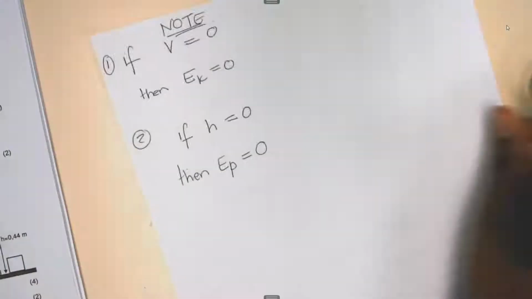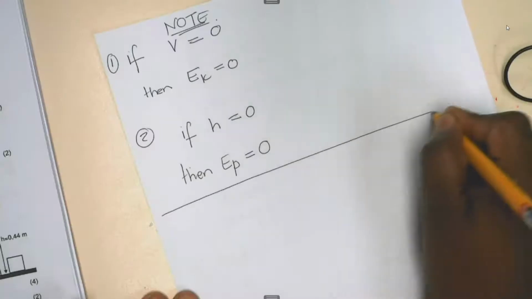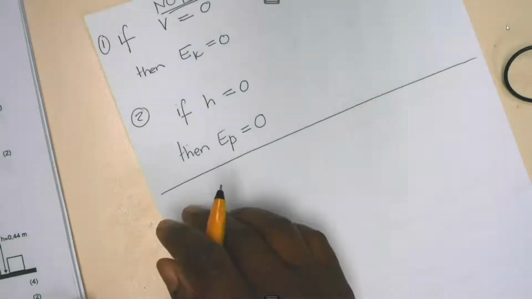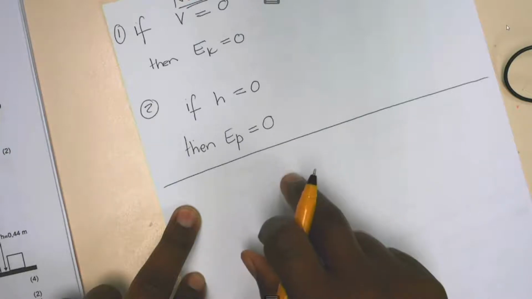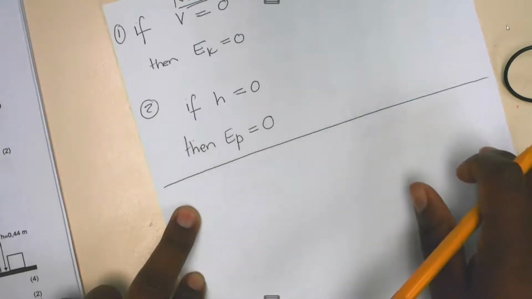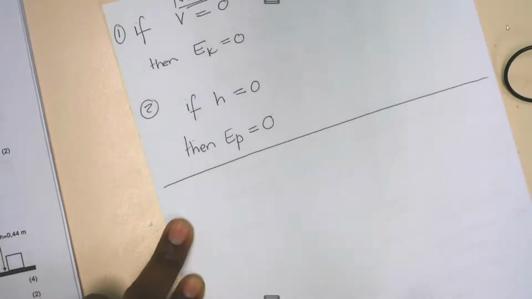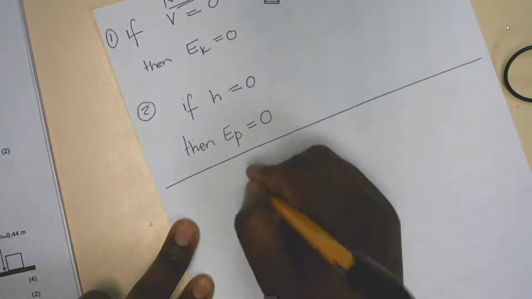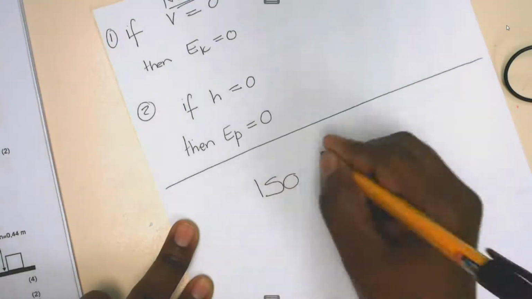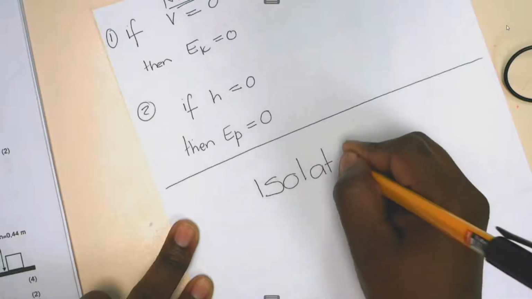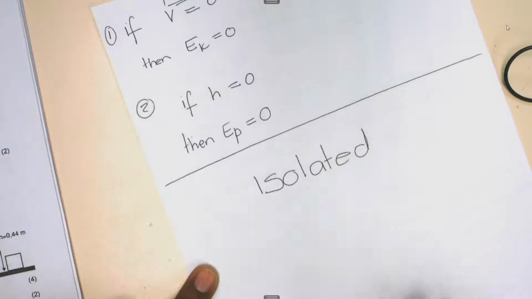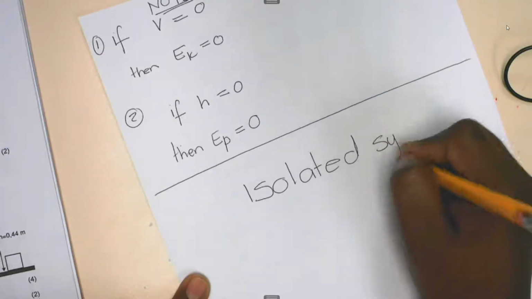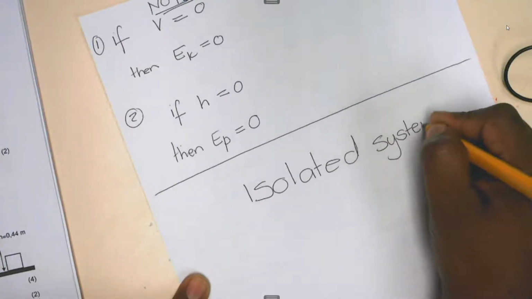And then, when a force is applied on an object, work is done. When work is done, energy is transferred. Now, for our purposes, for energy, we are going to deal with an isolated system.